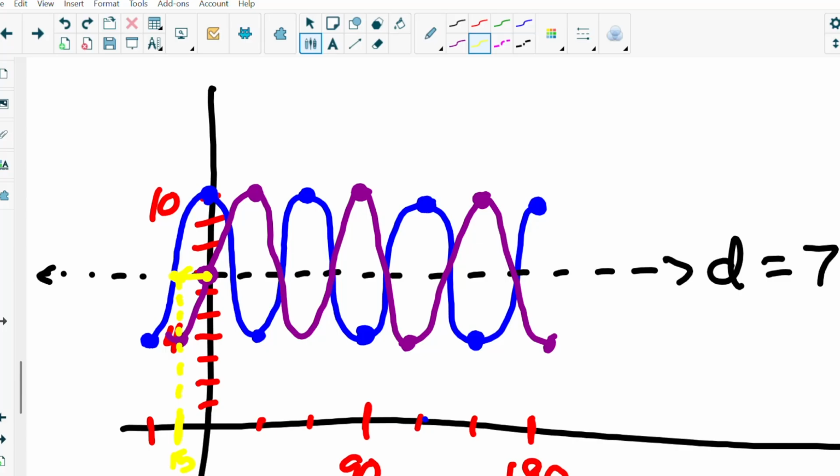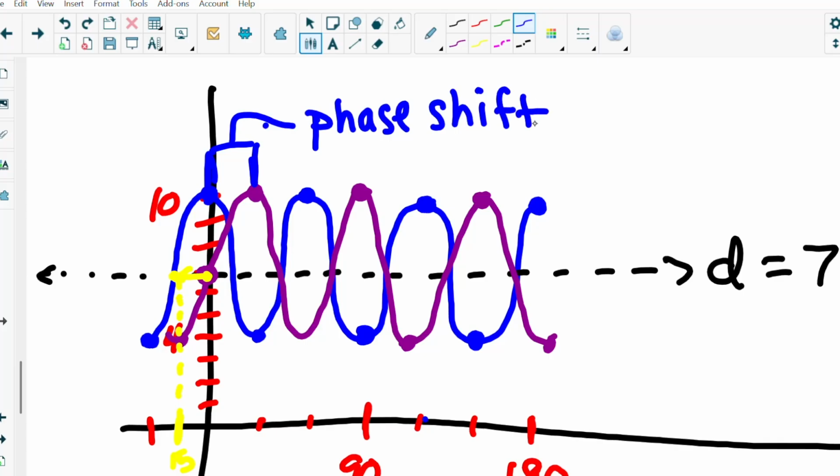So that's 15 degrees to the left. So I need to phase shift 15 degrees left. Okay, so let me zoom back out.